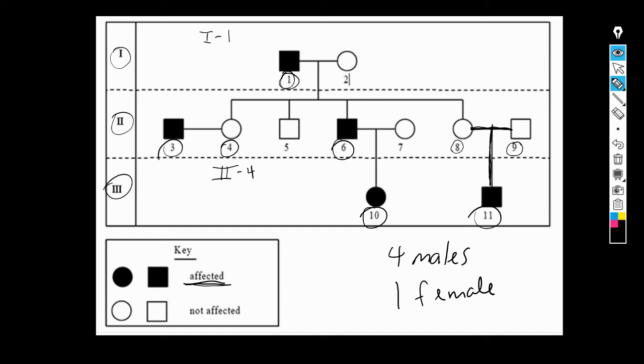So one of the questions that you might encounter for this is you might have to determine the genotypes of any of these 11 individuals.